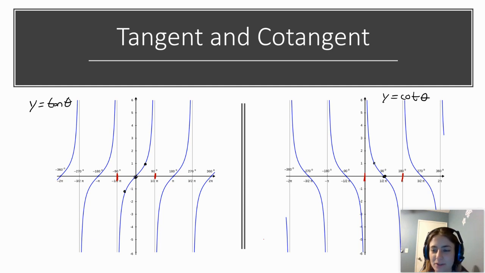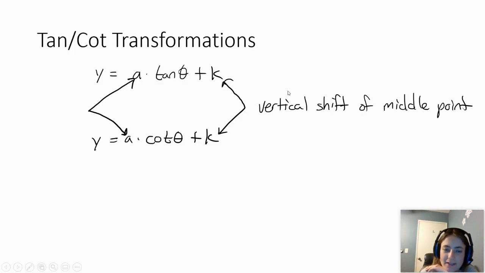And the same for cotangent at pi over 4 and 3 pi over 4, it's negative 1 and 1. So we know that a stretches or compresses the graph. So if we're multiplying a to, say, tangent of pi over 4, which is just 1, a becomes that new y value. Same for cotangent.